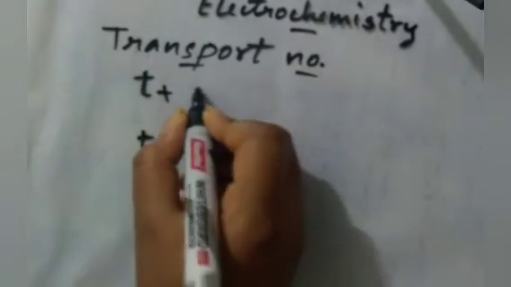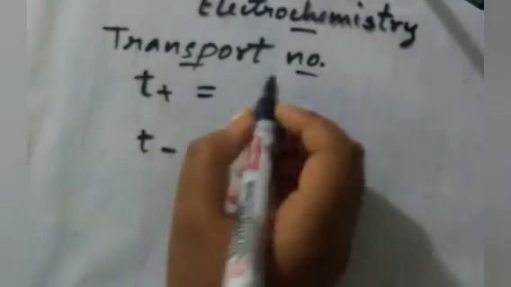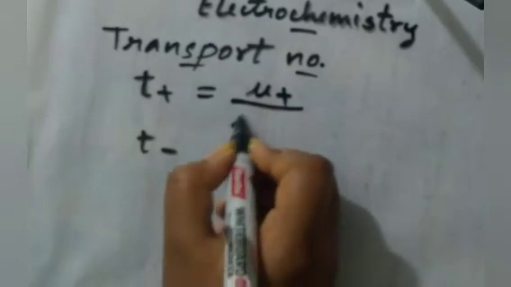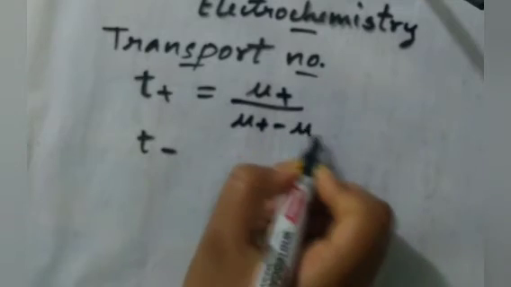Okay, next we are going to discuss transport number. The transport number of cation is denoted by T plus, and transport number of anion as T minus. The transport number can be written as U plus by U plus plus U minus.